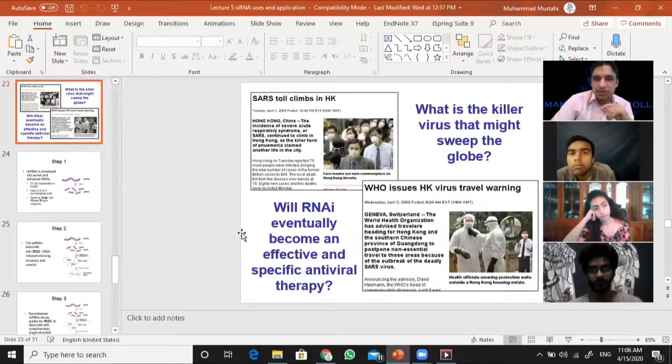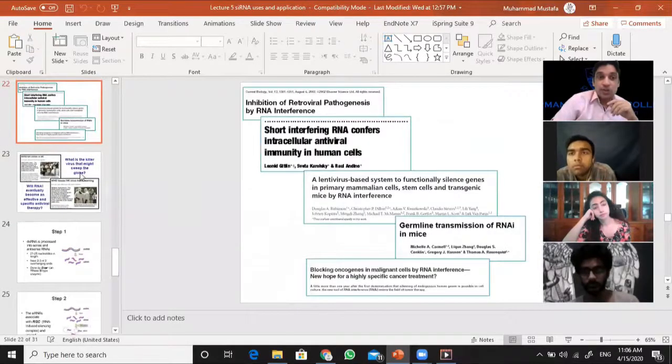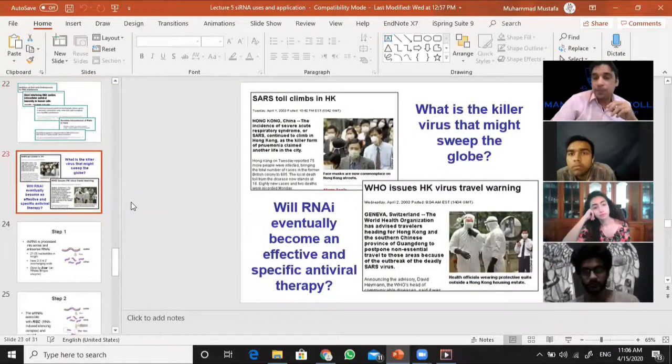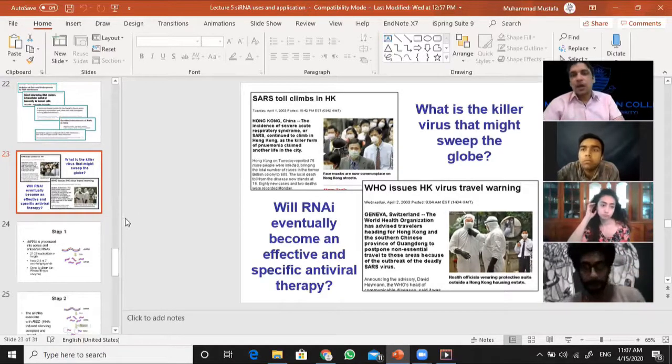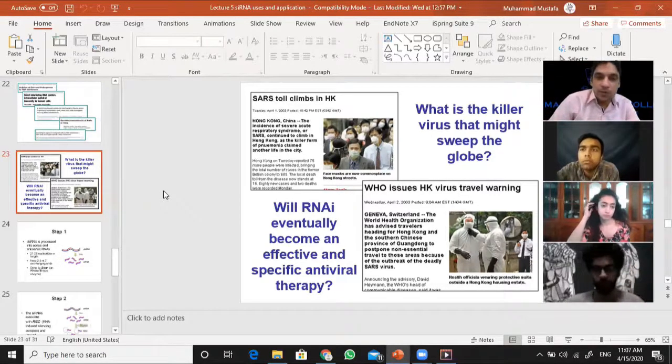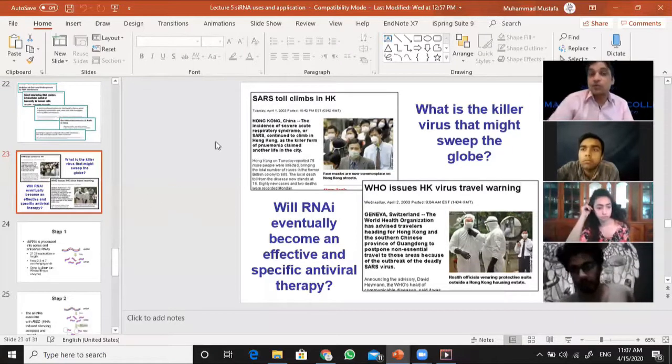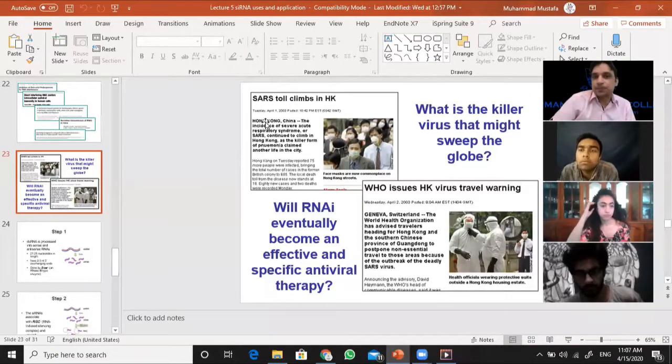It is a little weird because I added that slide last year to my medical biotechnology class, when I was searching for examples where small interfering RNAs were utilized to deal with a particular disease. And I found this very interesting example of SARS.